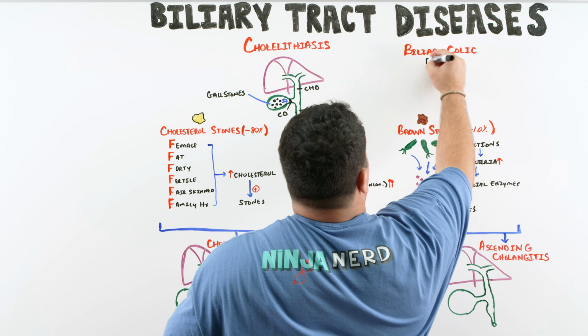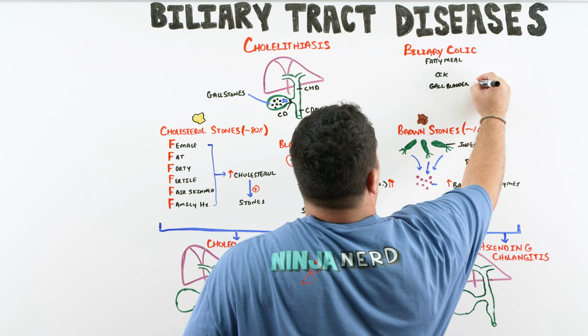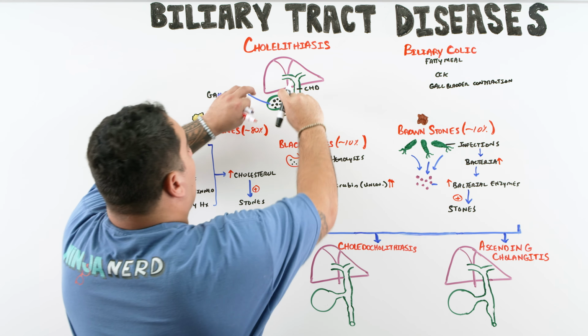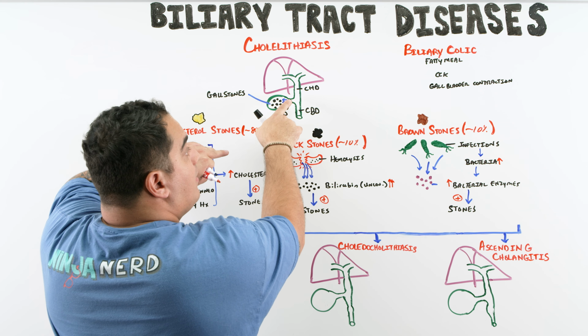That increases the production of a hormone called cholecystokinin. Cholecystokinin causes gallbladder contraction. If the gallbladder contracts down and pushes one of those stones into the cystic duct or clamps down on it, that's going to precipitate a lot of pain, often a terrible pain.